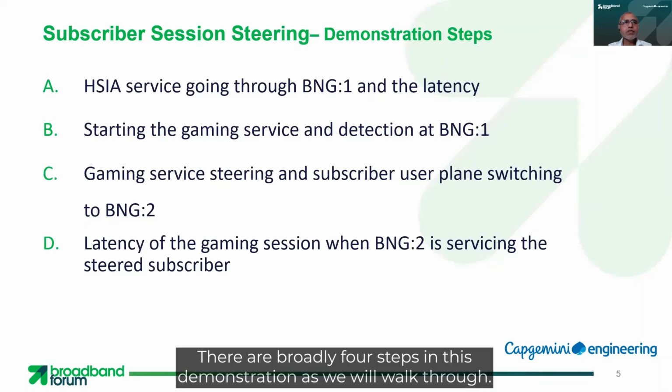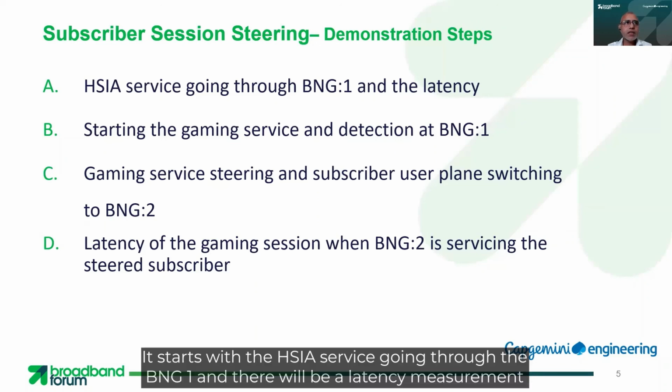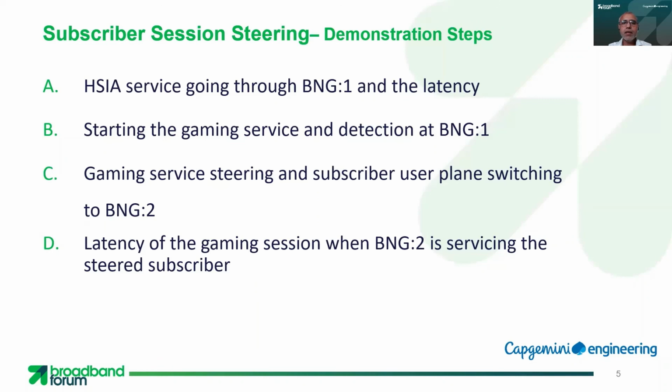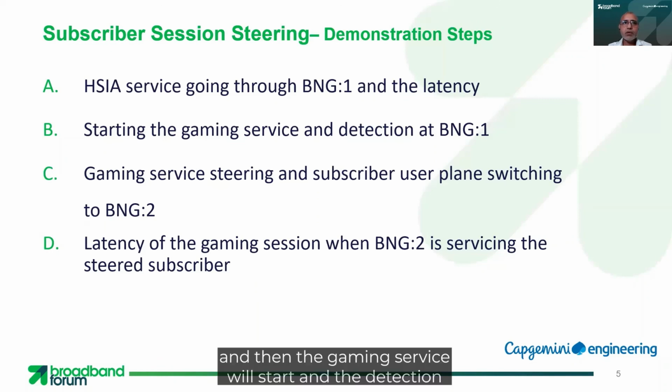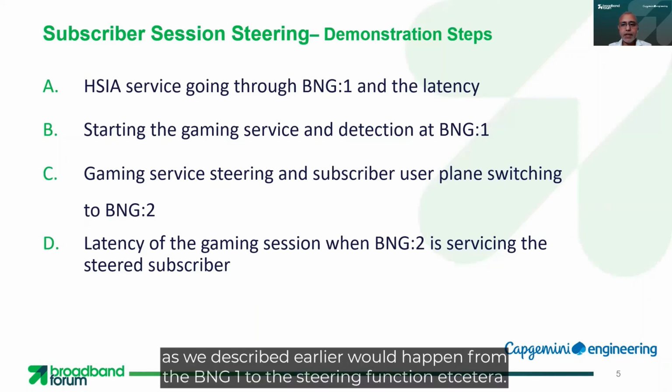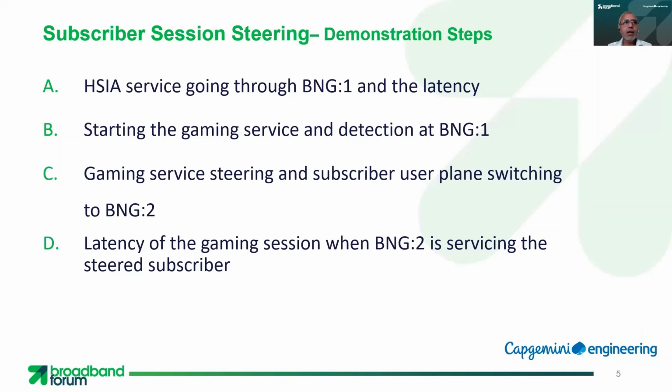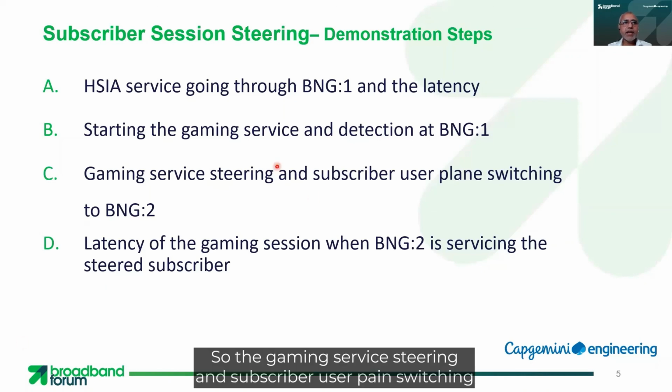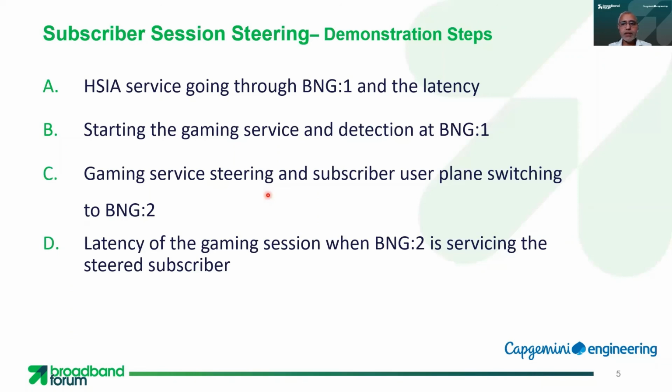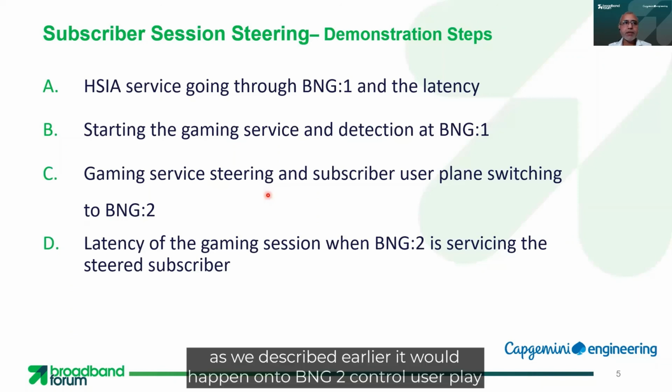There are broadly 4 steps in this demonstration, as we will walk through. It starts with the HSIA service going through the BNG1, and there will be a latency measurement. And then the gaming service would start, and the detection, as we described earlier, would happen from the BNG1 to the steering function, etc. So the gaming service steering and subscriber user plane switching, as we described earlier, would happen onto the BNG2 control and user plane.